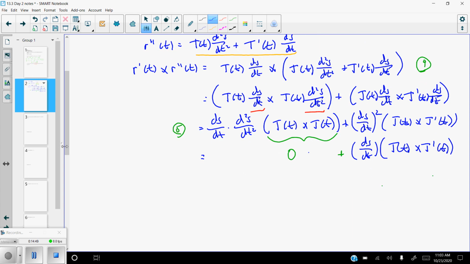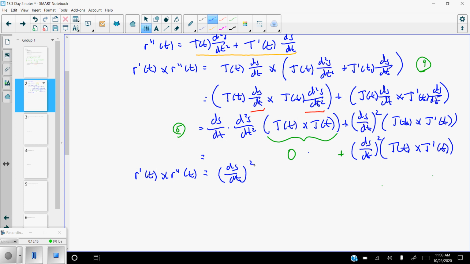All right, so now we've got r prime of t cross r double prime of t equals ds over dt, oops, forgot my squared, squared, and that's just a constant of some kind.